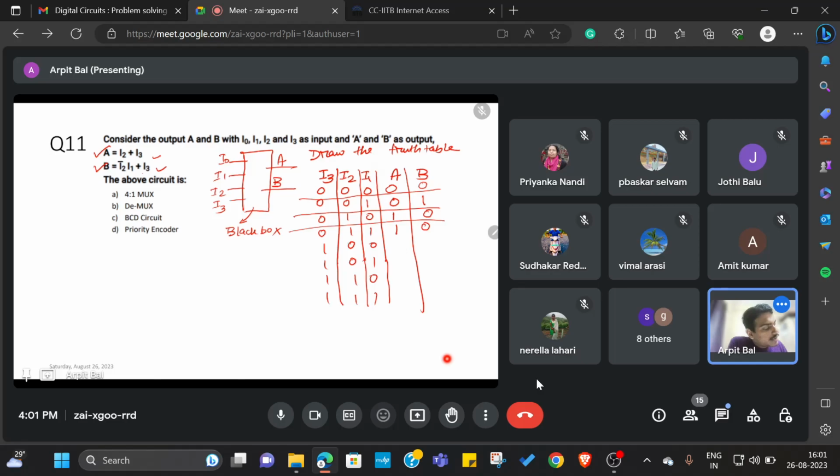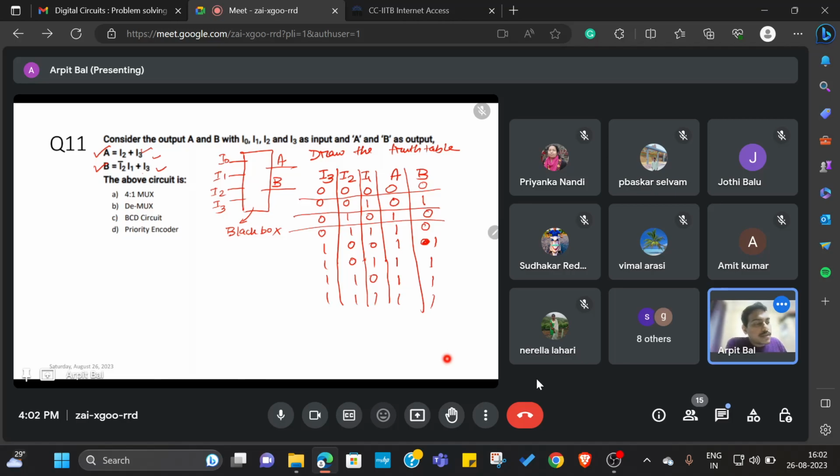Similarly, for 1, 0, 0, A is going to be 1 because I3 is 1, and if there is an OR and one of the bits is 1, then the entire equation is going to be 1. B is also 1 because I3 is there. Similarly for this one, I3 is 1. So the remaining bits are also 1, 1.